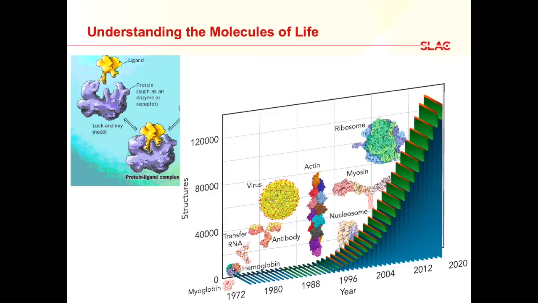In order to design a drug like this, you need to understand the shape and function of the molecule first, and I'm going to talk about how we tried to do this. What is shown here, which will come up a little bit later, is the number of such molecule structures that have been solved over the years, and there is a big ramp up that coincides with the creation of machines like the X-ray laser that I'll be talking about a little bit later.